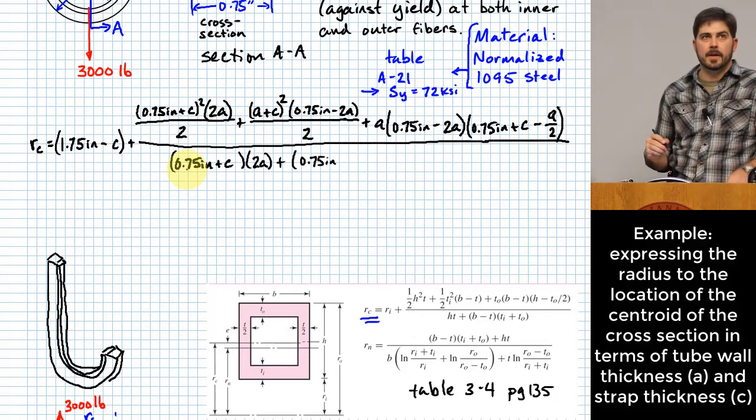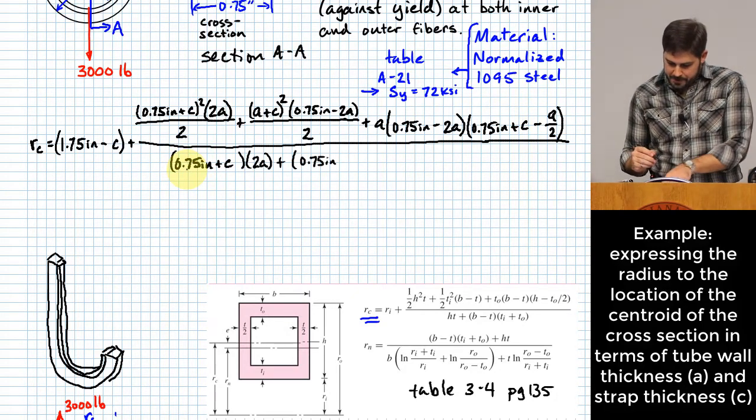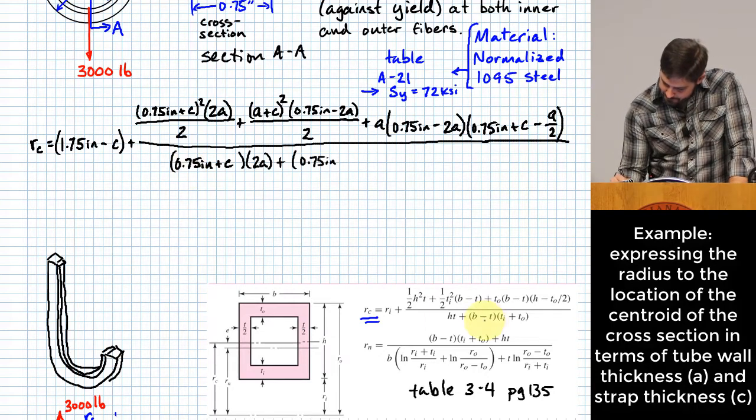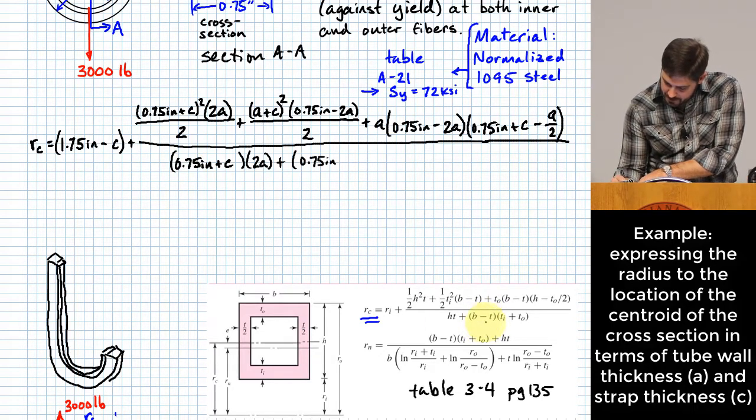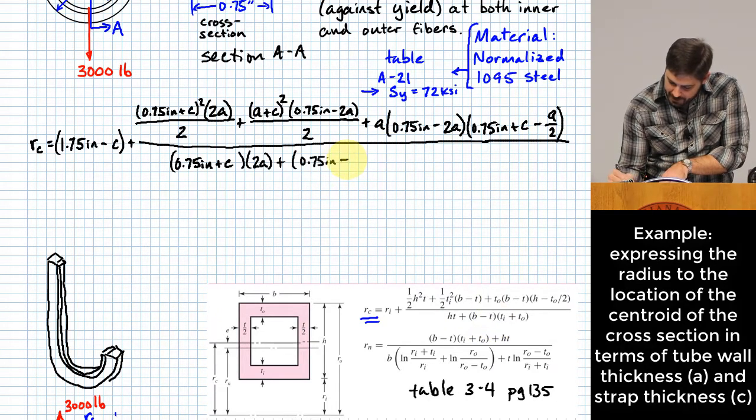B does not have the plus C. We subtract T, and T is 2A.